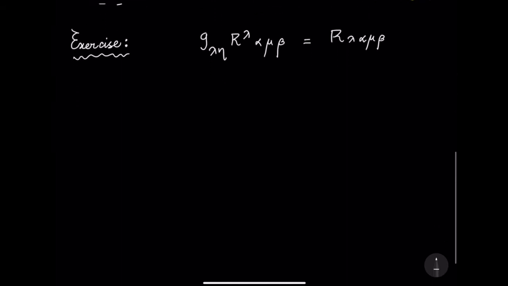Now, on the left hand side, I further multiply it by g eta alpha, such that this is what I get on the left hand side.